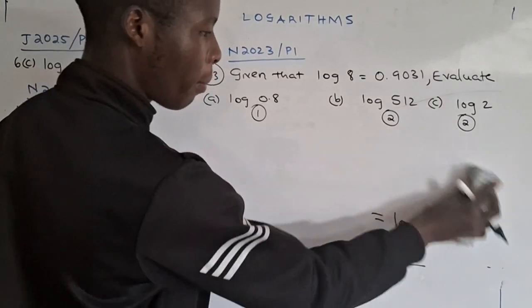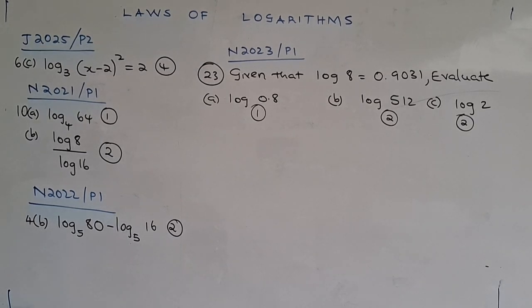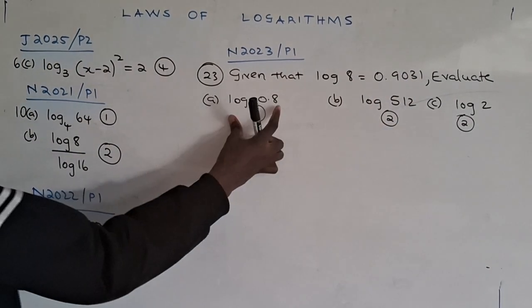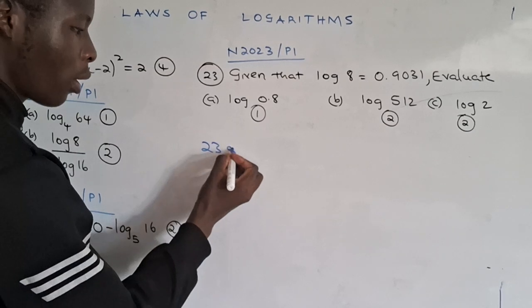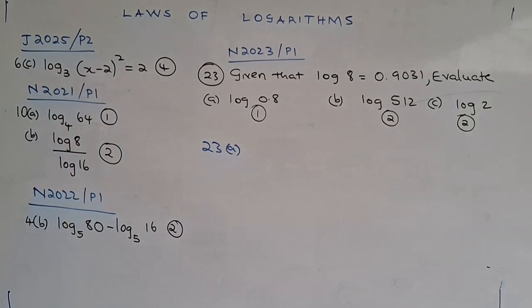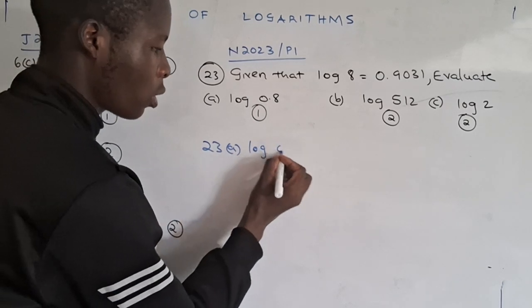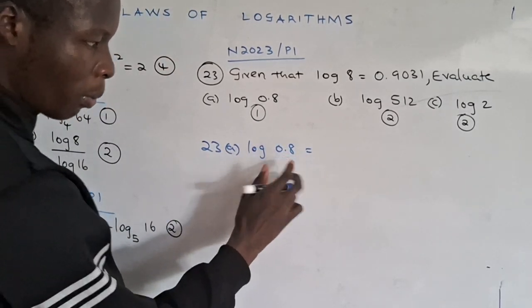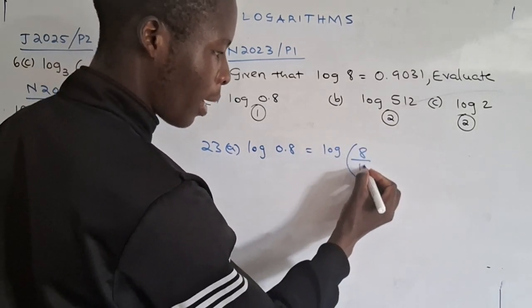Let's move on to question number 4, which is coming from November 2023, paper 1. It is given that log 8 is equal to this, and you are supposed to evaluate this. Don't think too much. This is log 0.8, which is equal to log of 8 divided by 10.